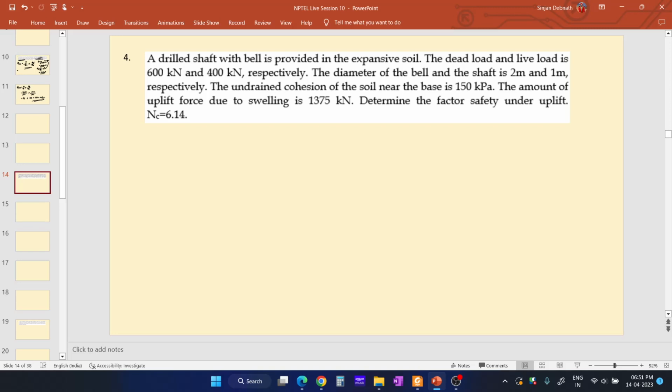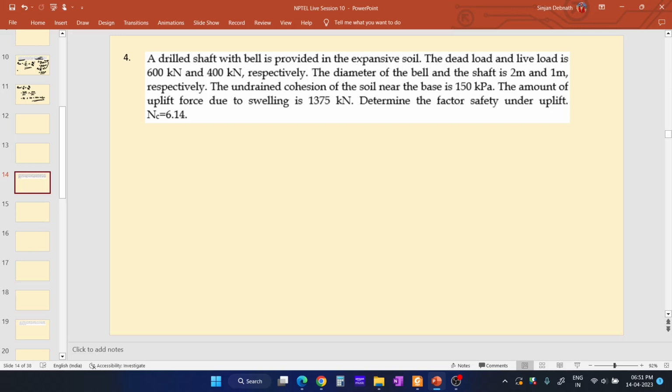The dead load and live load is 600 kilonewton and 400 kilonewton respectively. The diameter of the bell and shaft is 2 meter and 1 meter respectively. The underlying cohesion of the soil near the base is 150 kPa. The amount of uplift force due to swelling is 1375 kilonewton. Determine the factor of safety under uplift, and the Nc bearing capacity factor is 6.14.